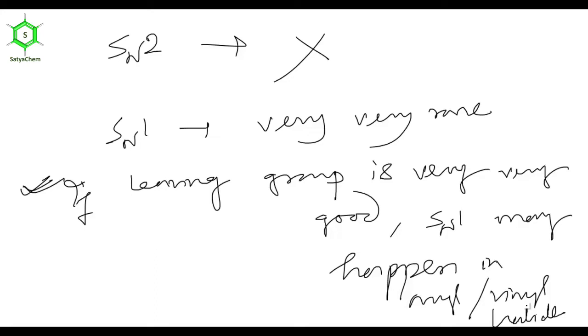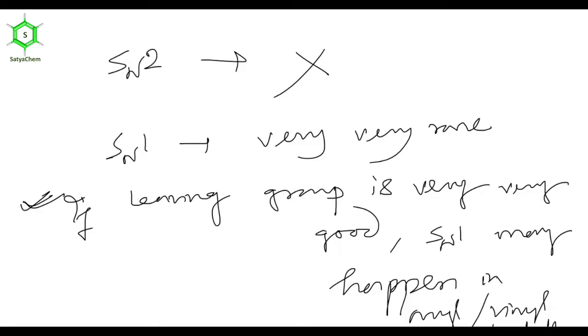And there is another point: there may be present an electron donating or cation stabilizing group at the alpha carbon, which stabilizes the incipient vinyl carbocation by resonance. So the leaving group must be very good, and additionally there should be an electron donating or cation stabilizing group at the alpha carbon, so that it can somehow stabilize the carbocation, because vinyl carbocation and aryl carbocation are very unstable.